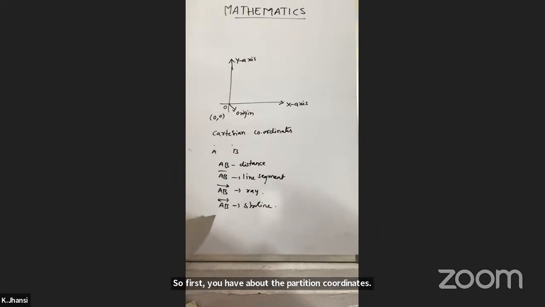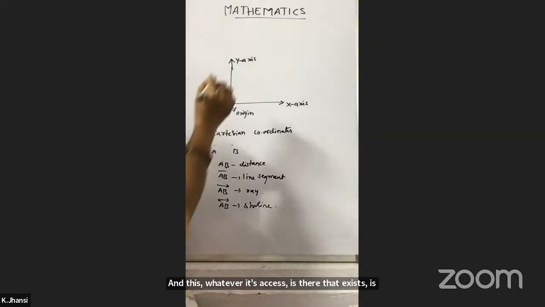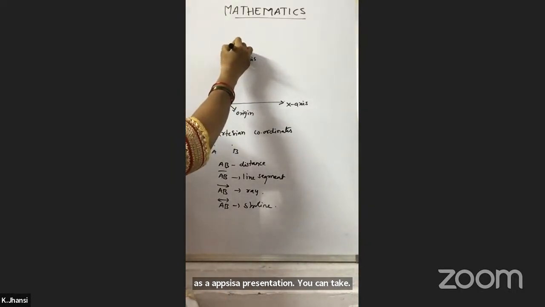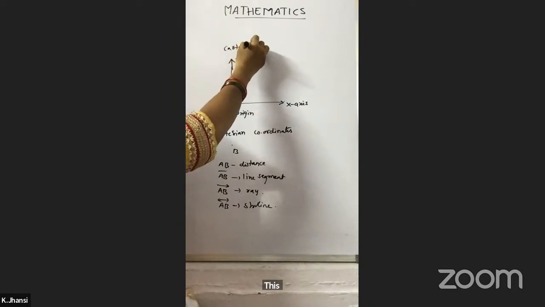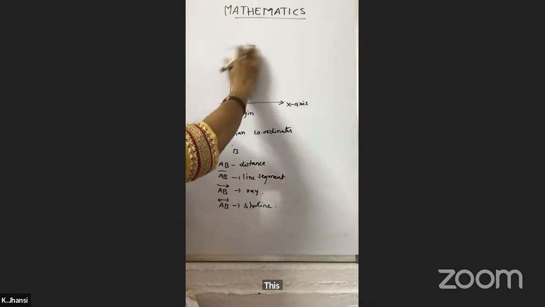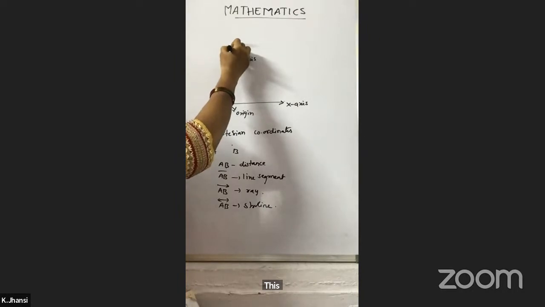And this x-axis is called the abscissa. So this representation you can take. First, this representation is Cartesian, this is the coordinate axis.